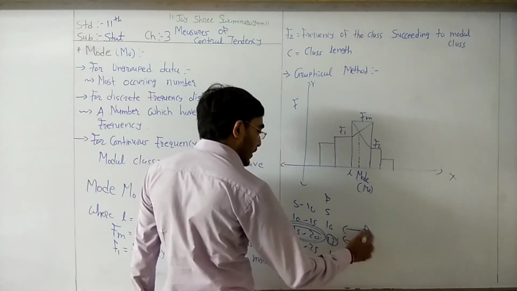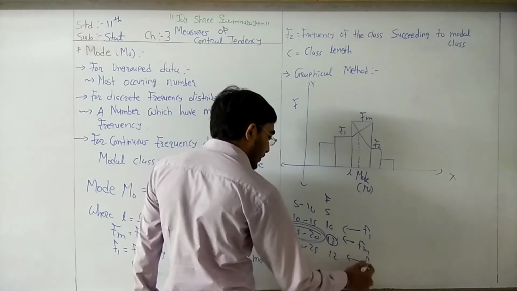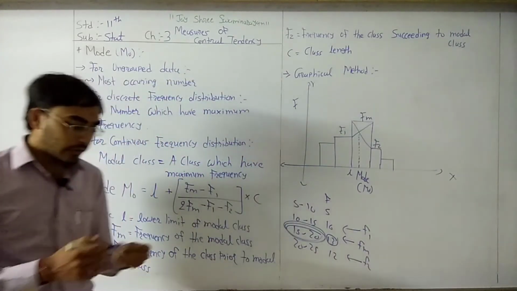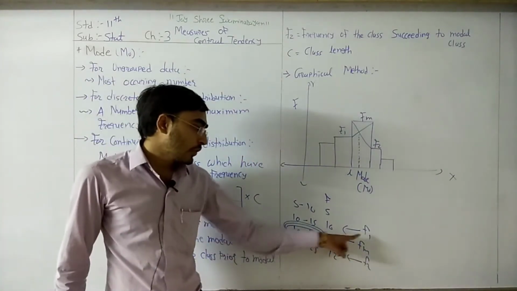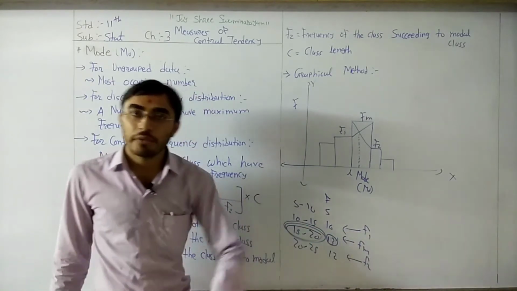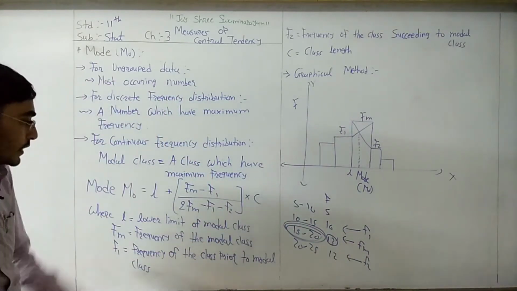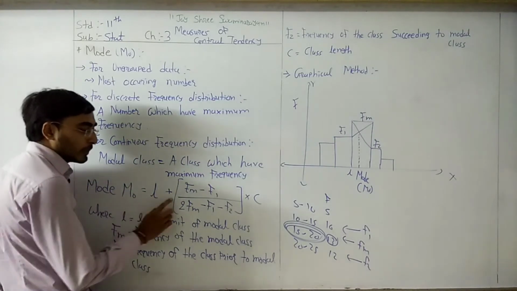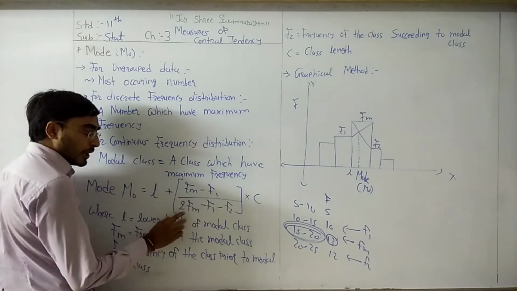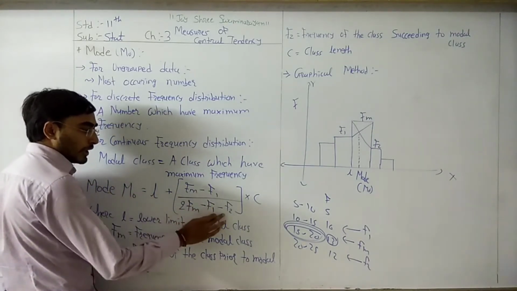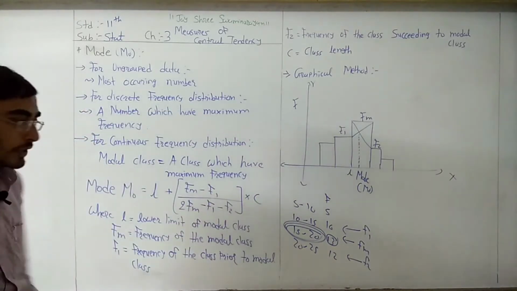Above it we have F1 and below it we have F2. We need to put these values here: M0 is equal to L plus (Fm minus F1) divided by (2Fm minus F1 minus F2), multiplied by C.